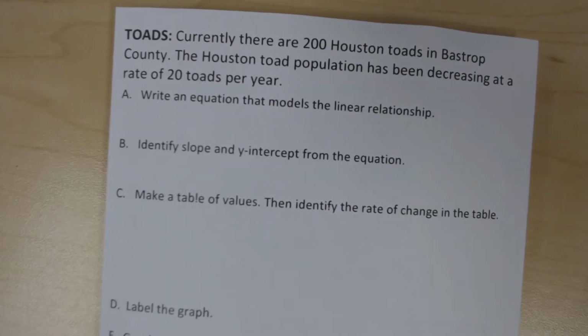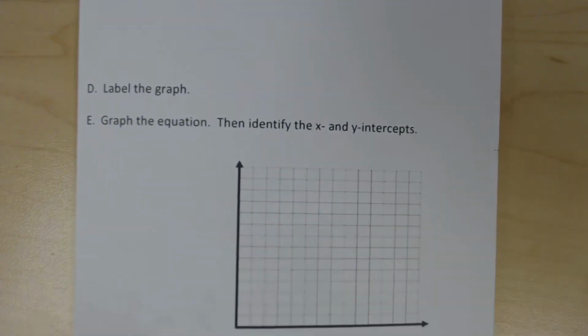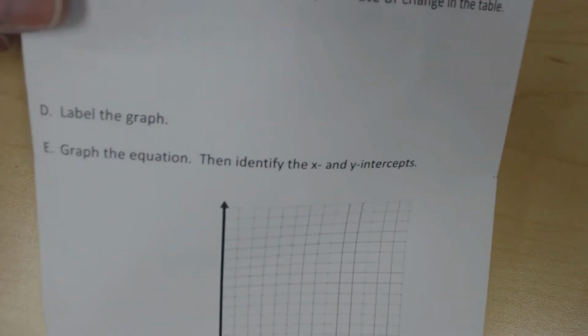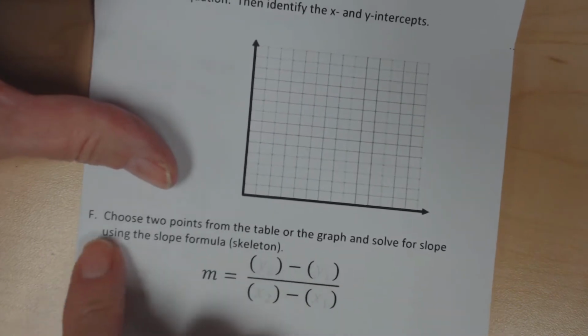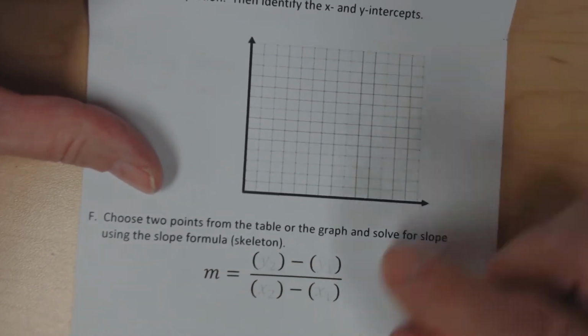So it says to write an equation that models the linear relationship, identify the slope and y-intercept from the equation, make a table of values, then identify the rate of change in the table, label the graph, and that's what we're going to do down here, graph the equation and identify the x and y intercepts, then choose 2 points from either the table or the graph and solve for slope using the slope formula skeleton.